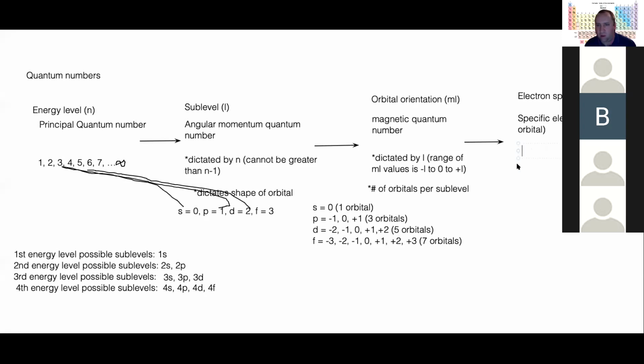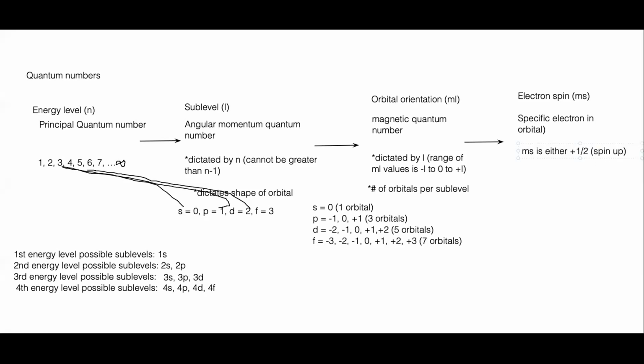Now, m sub s is not dictated by anything. It is either +1/2, which is called spin up, or -1/2, spin down.